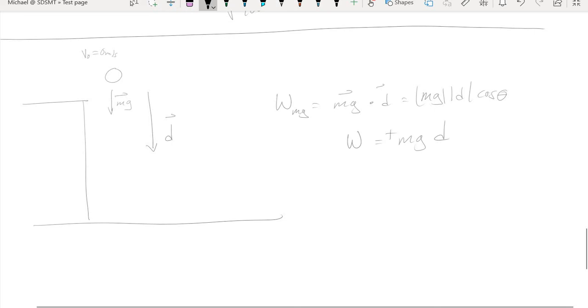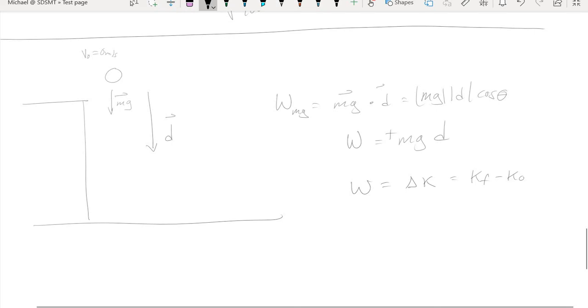This positive work means that we're going to be putting energy into the kinetic energy of this rock. So how fast is the rock going to be traveling when it gets down to the ground?